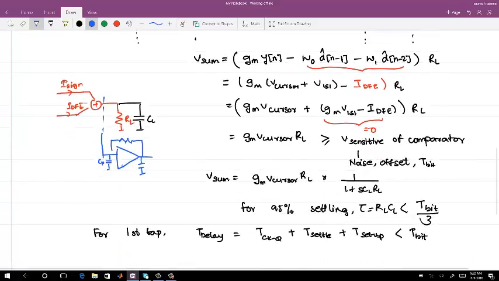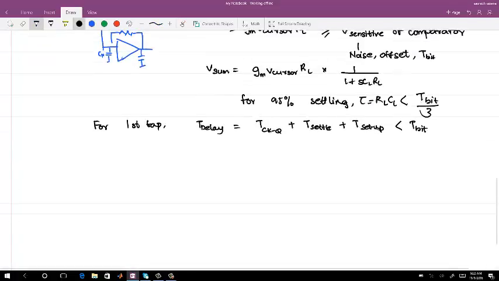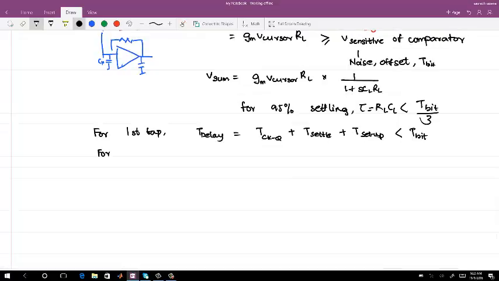Okay, so this delay for the second tap, T delay is T flip-flop, plus then the same thing happens. You have T settle plus T setup less than T bit period.